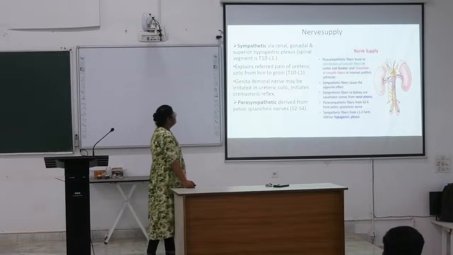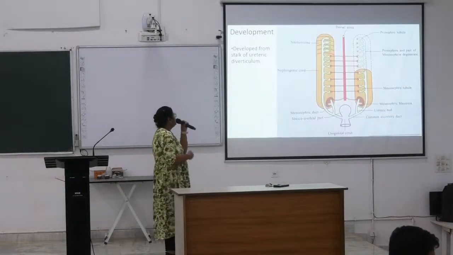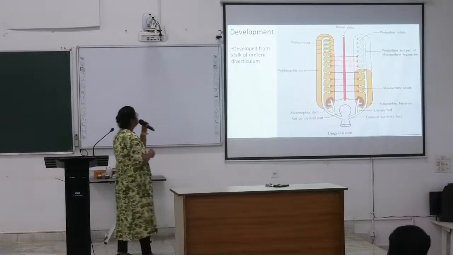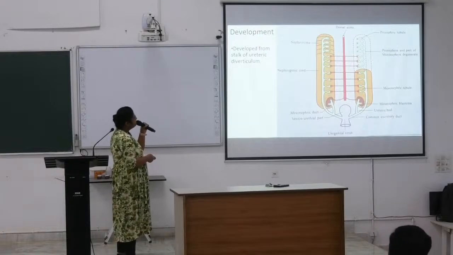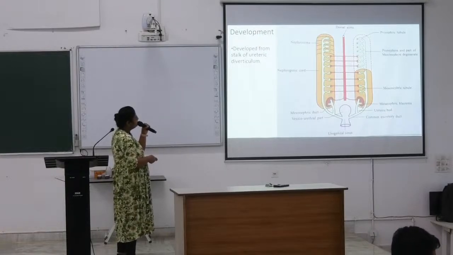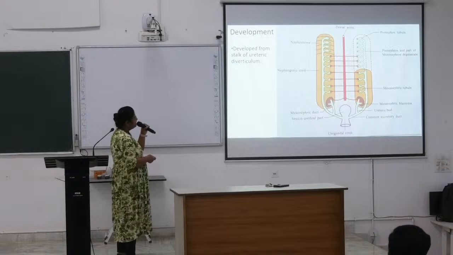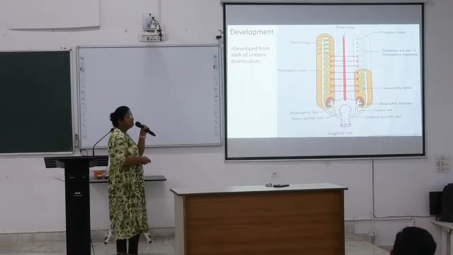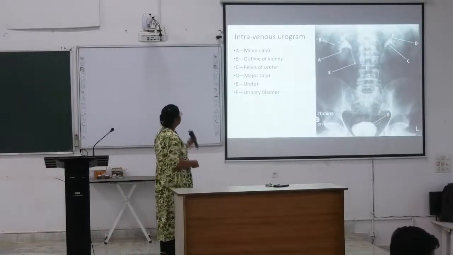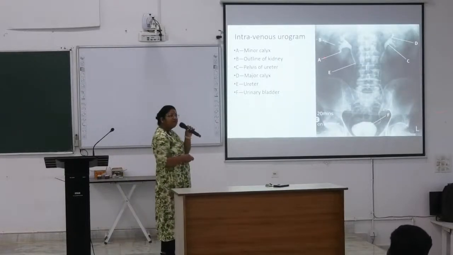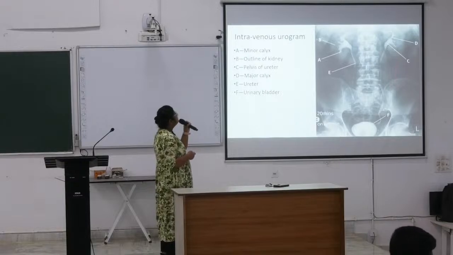Next. Now how it develops? Ureter develops from stalk of ureteric diverticulum. See, these are the ureteric diverticulum or ureteric bud extending within the kidney. From here, the ureter is developing. Next, this is intravenous urogram, clinical aspect.